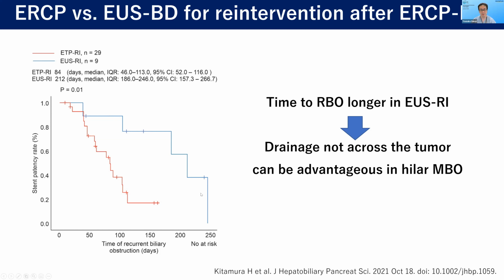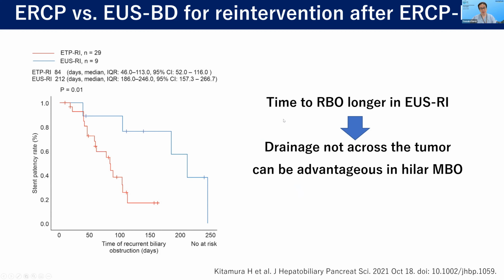Because the patient already had a multi-stent in the hilar area, if we put another stent in the hilar region, the stent tends to occlude very early. In this study, about 3 months, because if we put the multi-stent across the tumor, the stent clogs because of the sludge or bleeding or tumor in the short term.